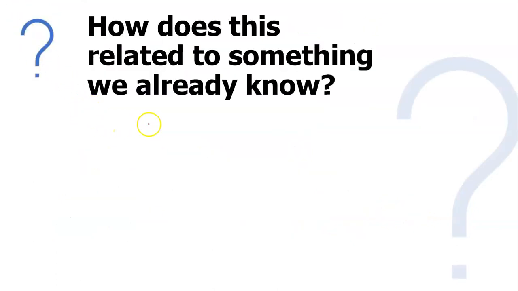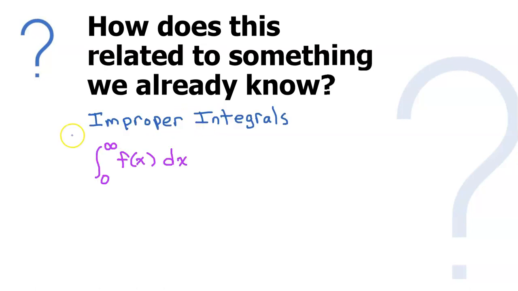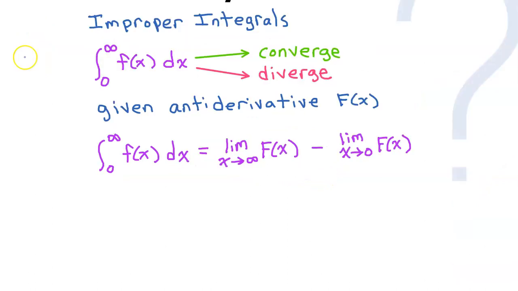I want to briefly mention how this relates to something you already know. Back in Unit 6, we learned about improper integrals, like the integral from 0 to infinity of f of x dx. It was improper because of the infinity. We learned that an improper integral will either converge to a number or diverge.